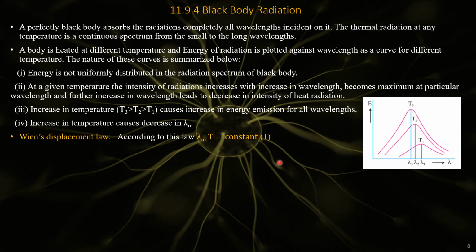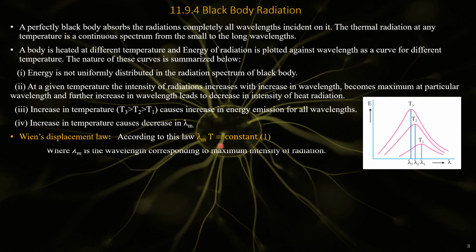Now we will define Wien's displacement law. According to this law, the product of lambda m, the maximum wavelength, and T, the temperature, is constant. Let it be equation 1.